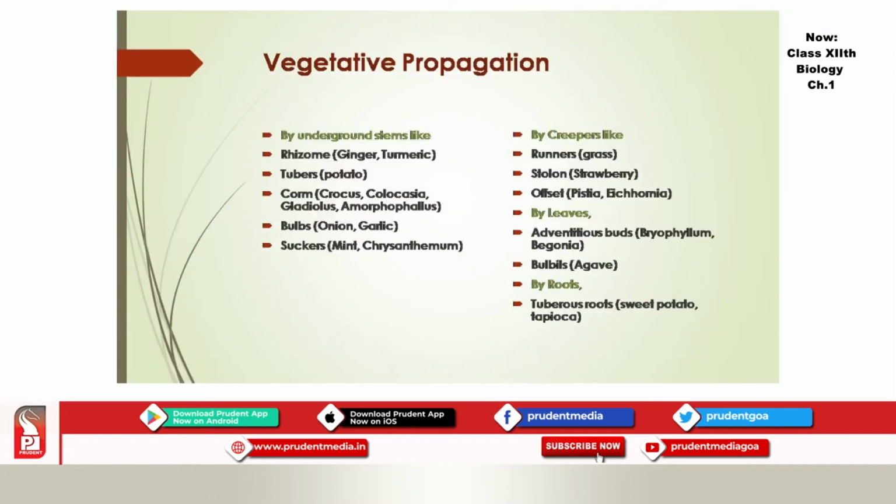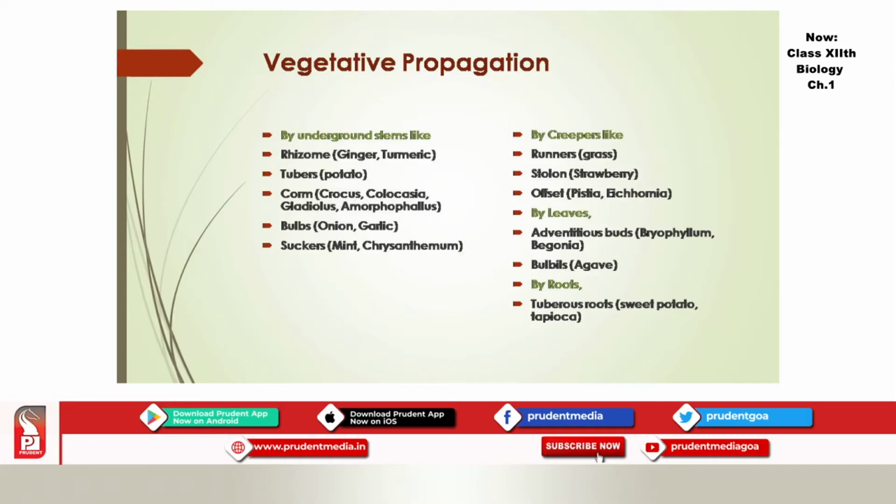You have the next, which is by creepers. So vegetative propagation by creepers. What are creepers? Creepers are parts of the stem itself which trail along the surface. So by creepers you have runners, example grass, stolon, strawberry, offset, which is like a runner but seen in aquatic plants like pistia and eichhornia.